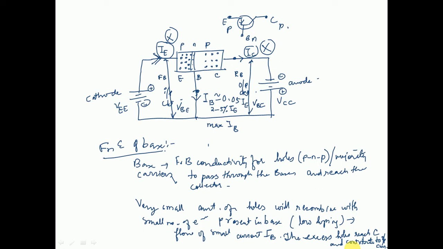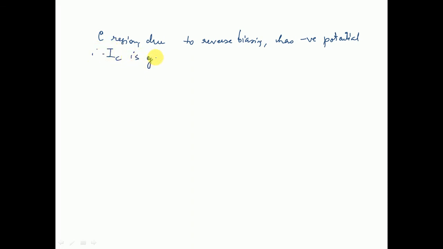let me just change the screen. In the collector region, negative potential exists because it is reverse biased. So the collector region, due to reverse biasing, has negative potential. As a result, IC, the collector current, is generated.